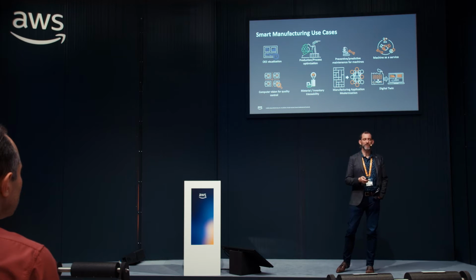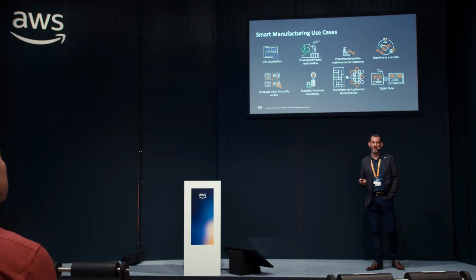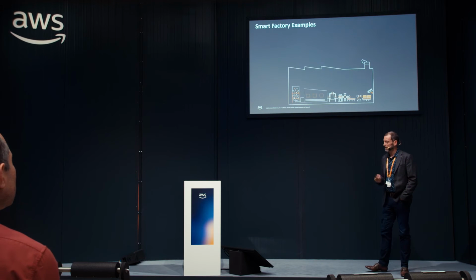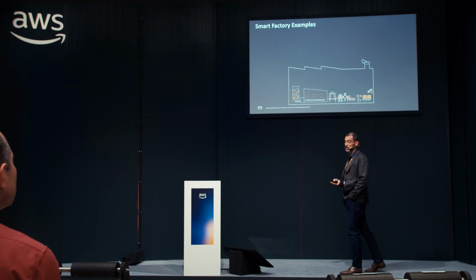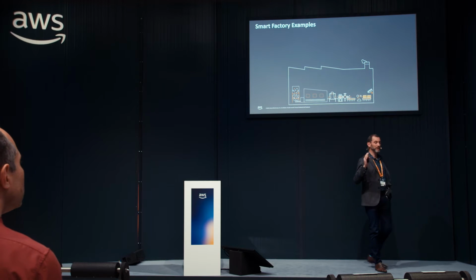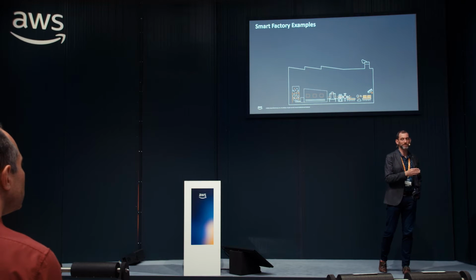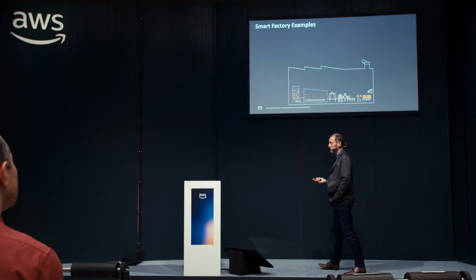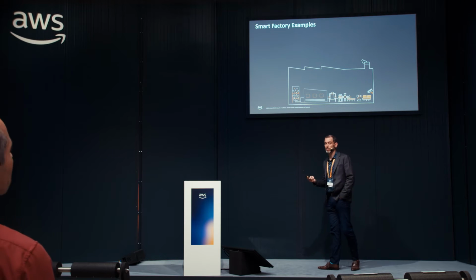So let's talk about a couple of use cases and all the different types of data that you actually need for them. Here's a sample smart factory that I have. No particular process, so we're going to take some raw material from input and we're going to get a product at the end. The first use case I want to look at is predictive quality.